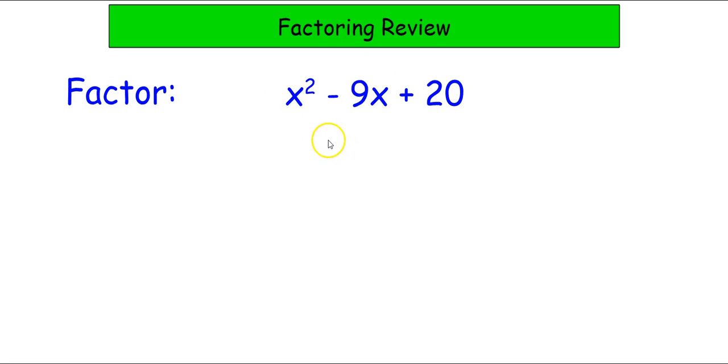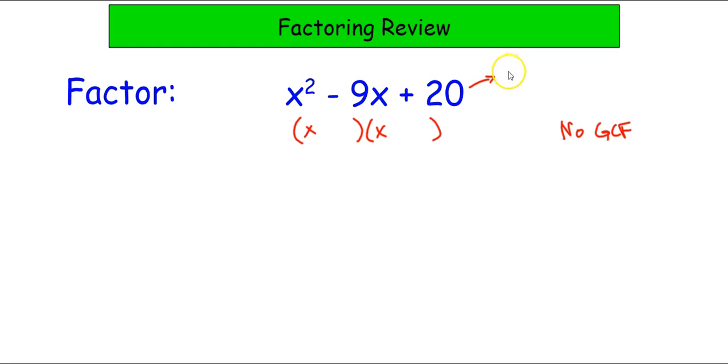Alright, one more here. No GCF on this one again. No greatest common factor. I'm always looking for that to make life a little bit easier. So I go ahead and factor. Put our parentheses up. X times x is going to give me x squared.